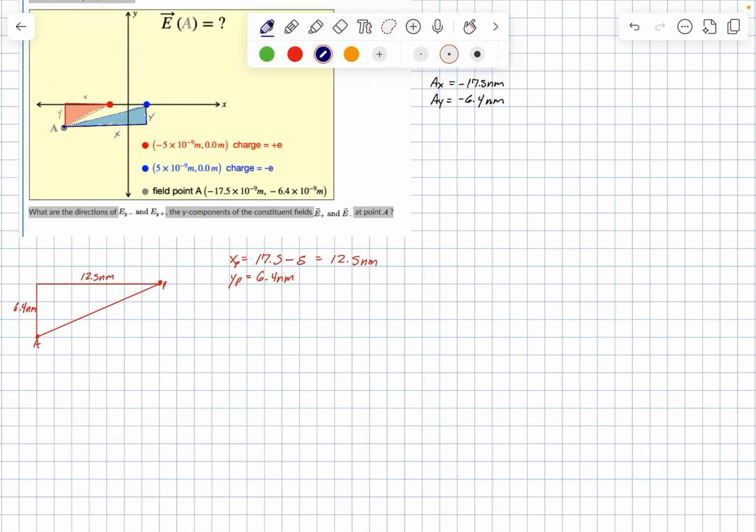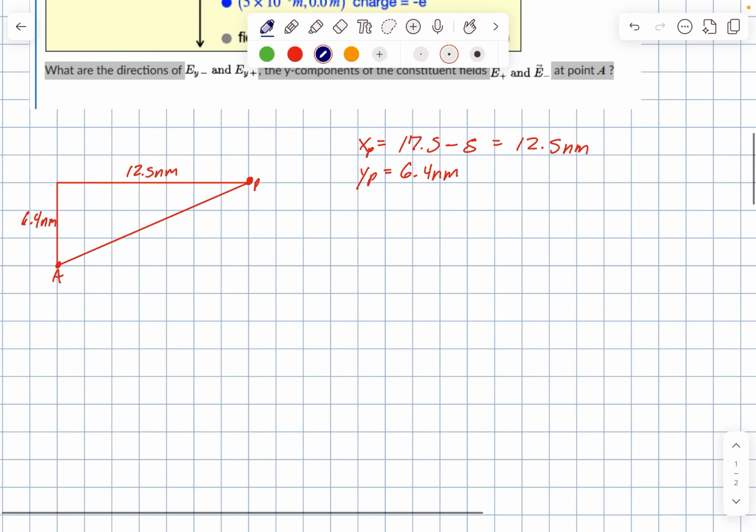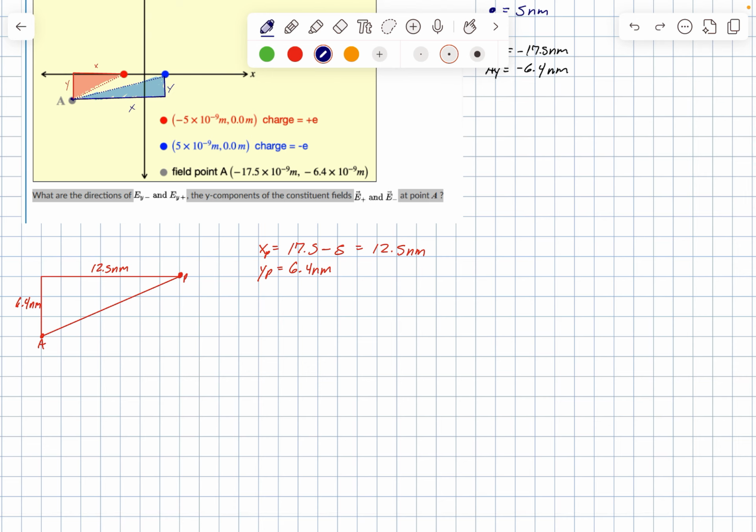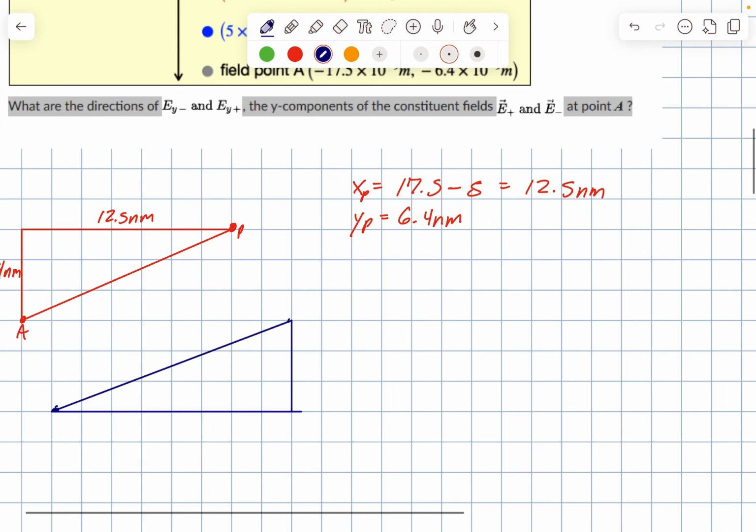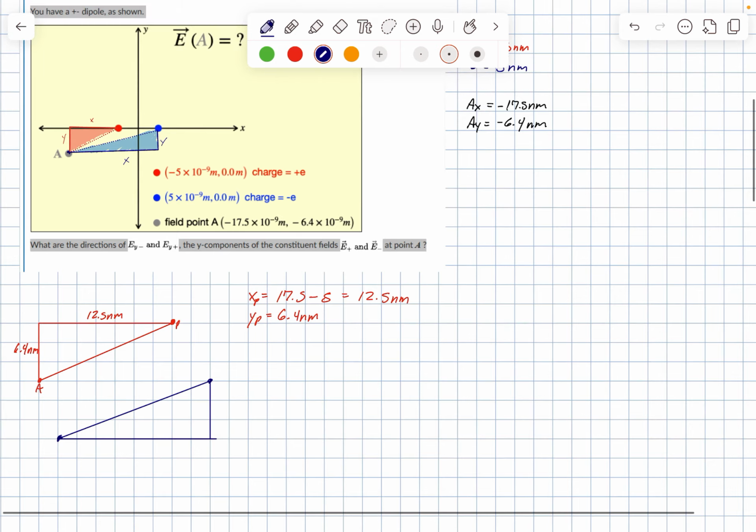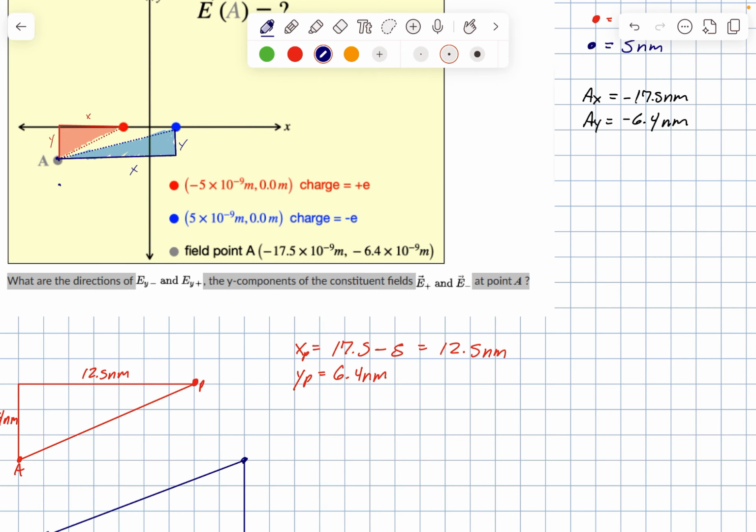So let's do the same thing for our electron triangle. It's going to be a bit more like this. And then we were given 17.5 in this direction and an additional 5 in the right direction.